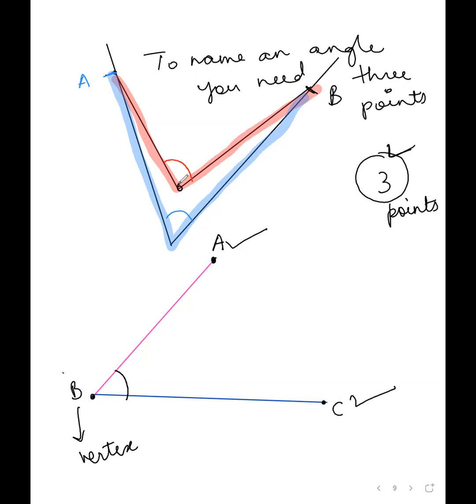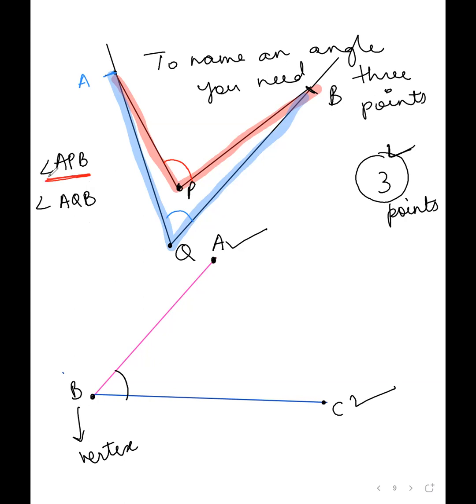You have to name this point as something, let's say P. This point is something else, let's say Q. Now, can you name the red angle? Angle APB, very good. And the blue one is? Angle AQB. Okay. Now, see, you yourself have named the angles.